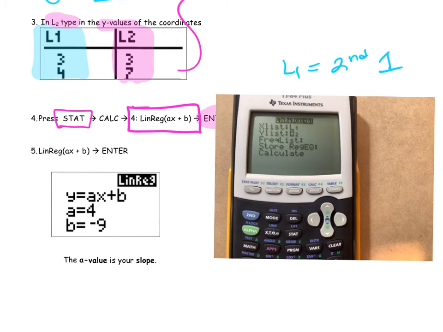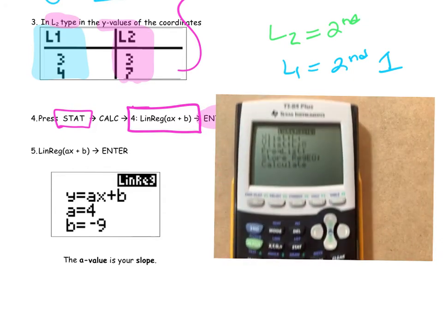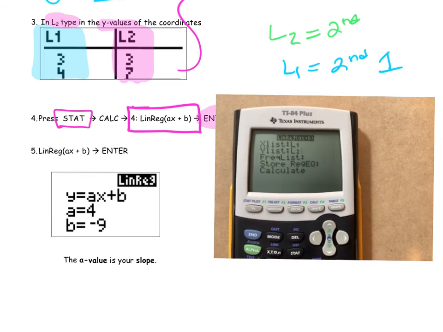Say there was nothing there. If I want L2, I'm going to click the second button, then 2. Second 2, and that gets me L2. You're going to click enter, enter, enter, enter.